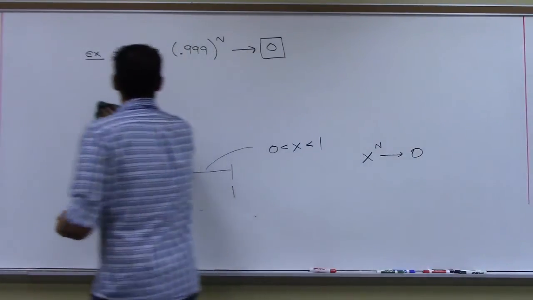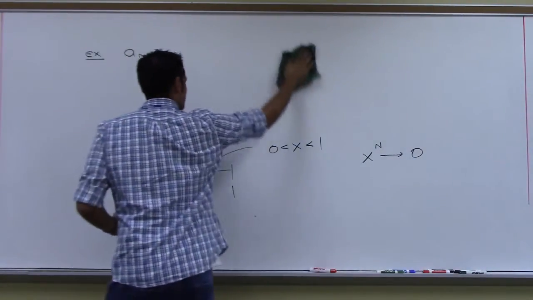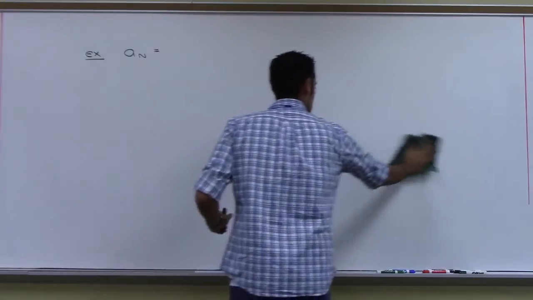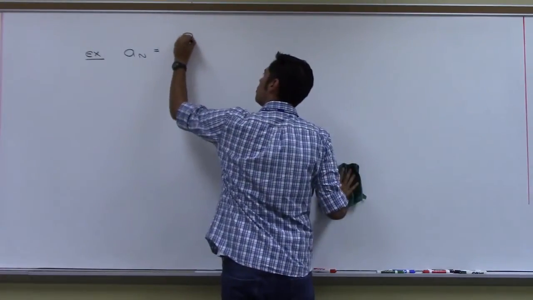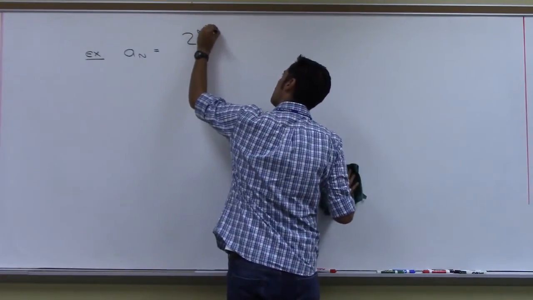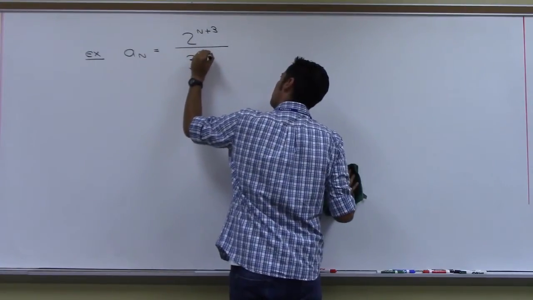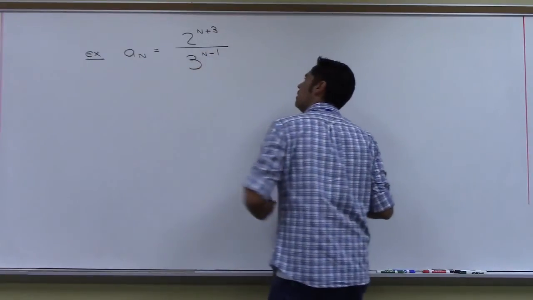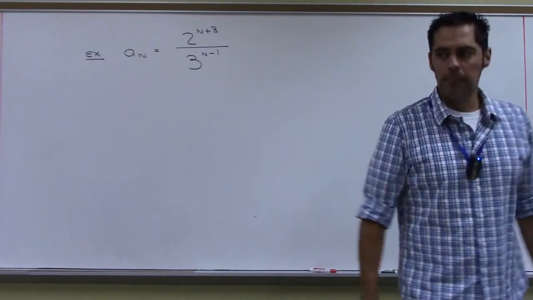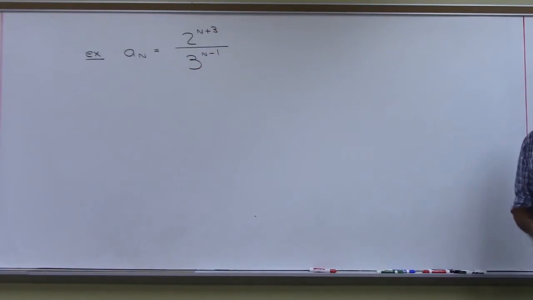Next one. 2 to the n plus 3 over 3 to the n minus 1. Uh-oh. We have trouble here.